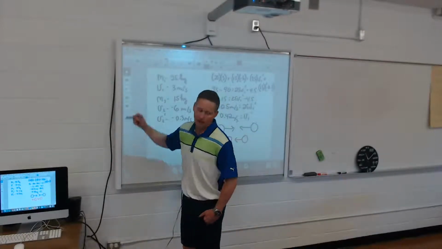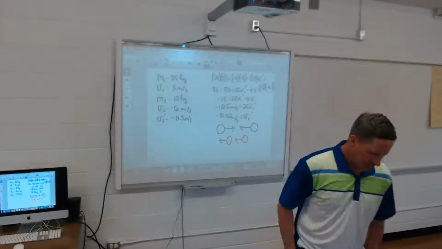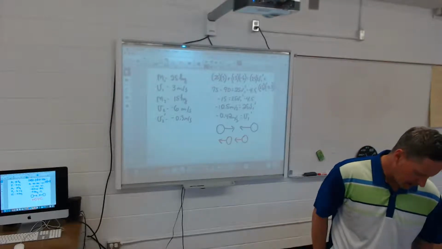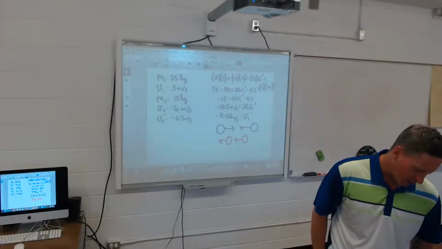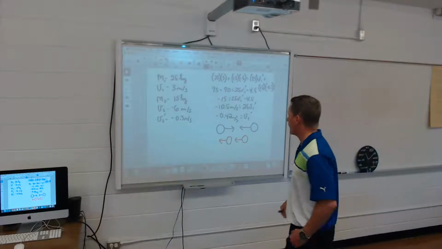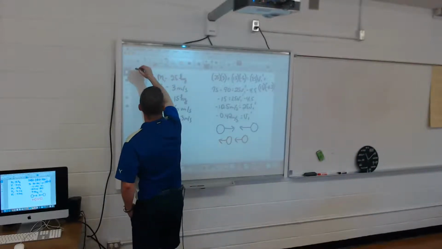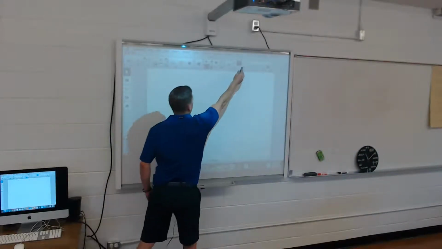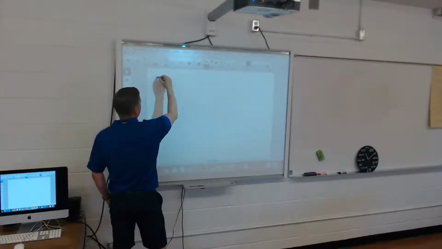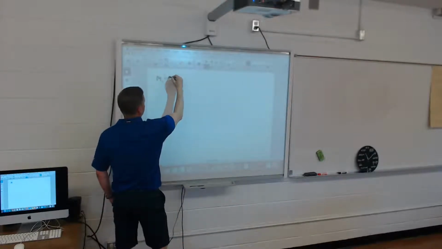Okay, so that was A. B says it rebounds to the right at 0.45 meters per second. Okay, so now in B, I still have the same M1 V1.